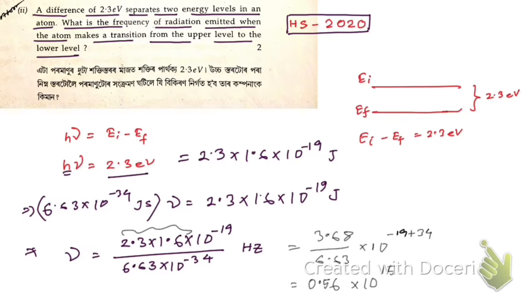So now let me write the result in standard form: 5.6 into 10 to the power 14 hertz. So this is the frequency approximately.